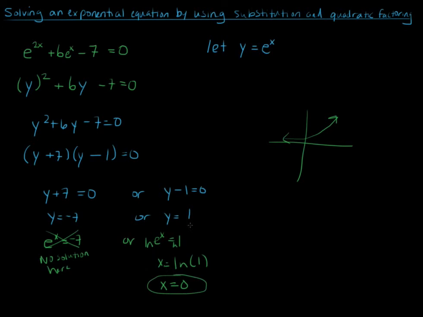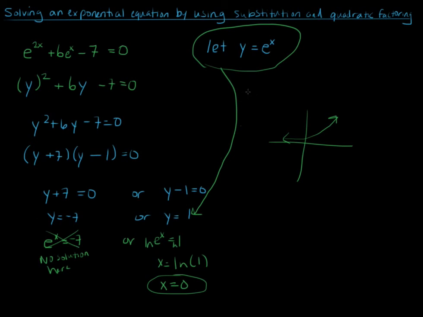And it would be the only one. Potentially there could be two solutions, but in this case there weren't because this one had no solution. But the most important thing to remember here is that once you substitute and you have your quadratic equation, you have to substitute this back in and then solve.